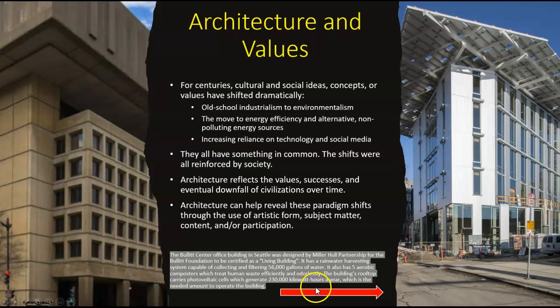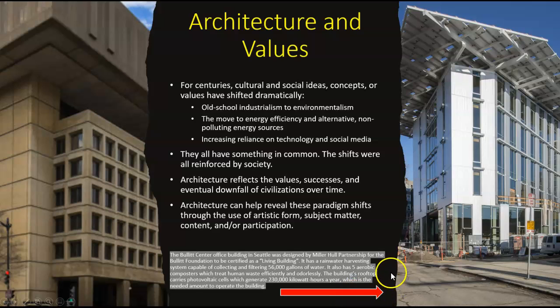And one example is over here. This is called the Bullitt Center office building in Seattle, and it was designed by Miller Hull Partnership for the Bullitt Foundation, and it was designed to be certified as what's known as a living building. So check this out because it's a total trip. I didn't know about this before I made this presentation. It's got a rainwater harvesting system that's capable of collecting and filtering 56,000 gallons of water.